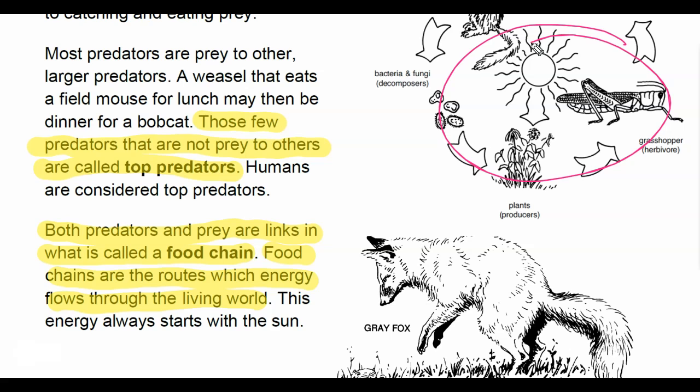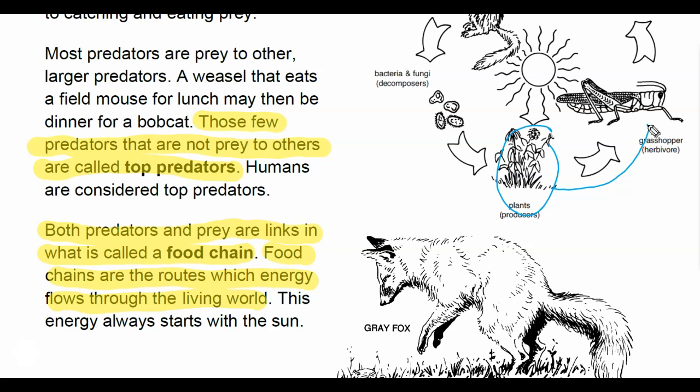Okay. So the sun makes the plant grow. The grasshopper eats the plant. The mouse that you see up there eats the grasshopper. And then I guess this is a little fox, right?